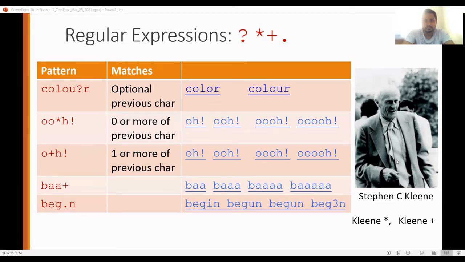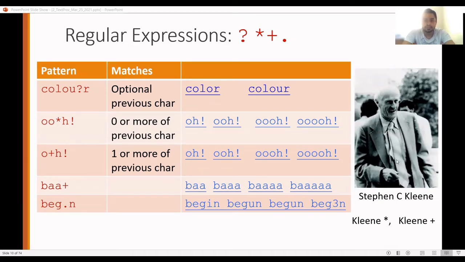How can we talk about optional elements? Like an optional S in woodchuck and woodchucks with an S at the very end. We can't use the square brackets because while they allow us to say the lowercase s or the capital S, they don't allow us to say S or nothing.